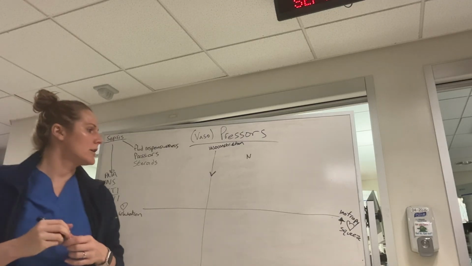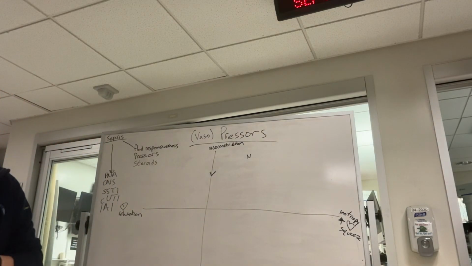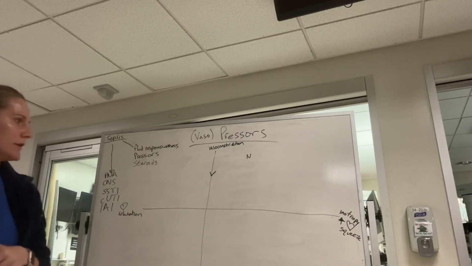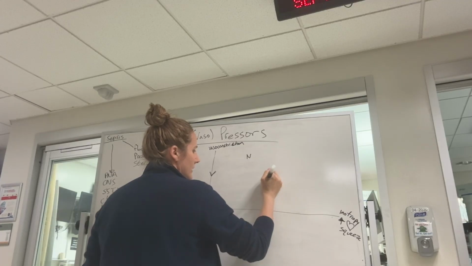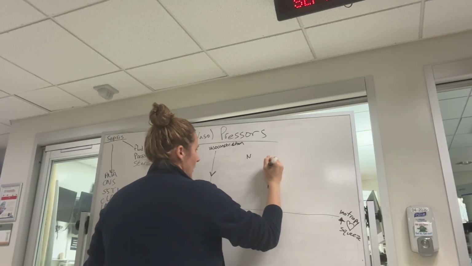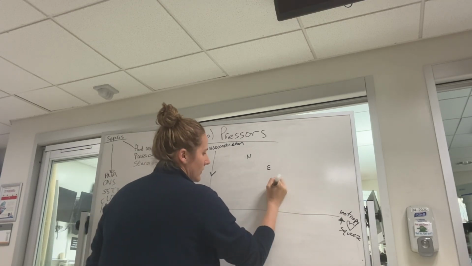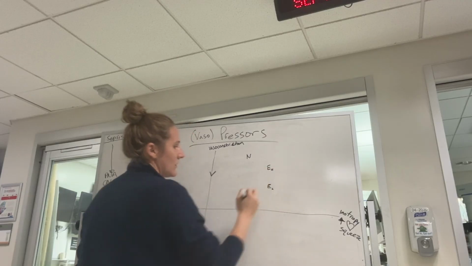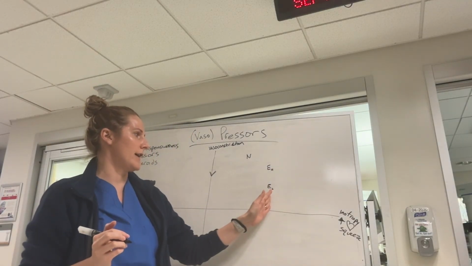Okay, some of the additional pressors we'll go over quickly. These are your first two lines, and then your next one's probably going to be epinephrine. Epinephrine is kind of interesting because it changes based on whether it's high or low dose. If you're at low dose epi, you get comparatively much more inotropic effect.